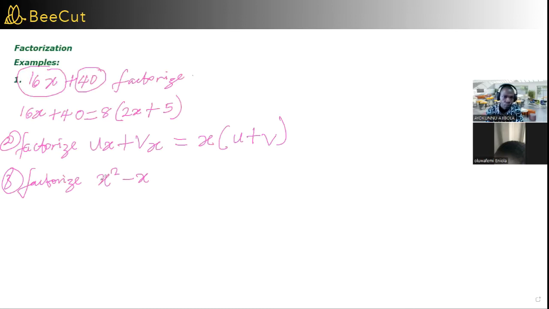So since there is x on both sides, it's x that is common. So you put x here, then once this has been divided by x, it remains only 1x. Then once this has been divided by x, it becomes 1, because x over x is 1, a over a is 1, b over b is 1, so this is minus 1. Such that if I want to expand it, I'm going to say x times x is x squared and x times 1 is x.